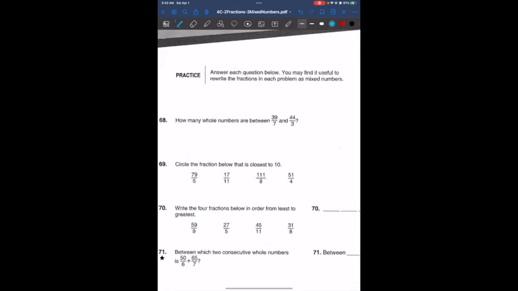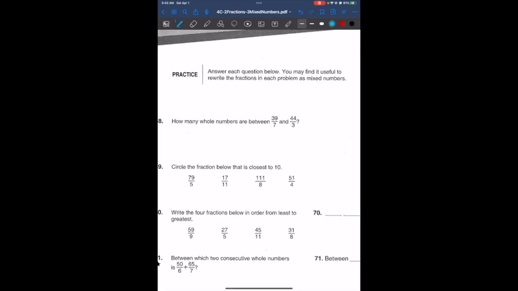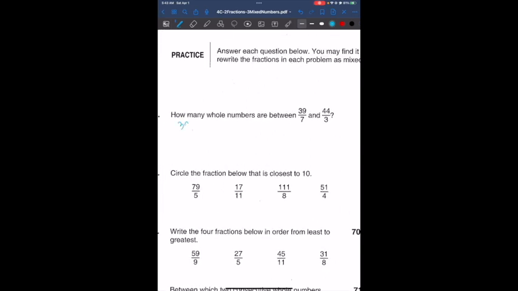Now we're going to answer each question below, and it might be useful to rewrite the fractions as mixed numbers. It says, how many whole numbers are between 39 over 7 and 44 over 3? So 39 over 7, if we want to write it as a mixed fraction, we can write that as 35 over 7 plus 4 over 7, which is 5 plus 4 over 7.